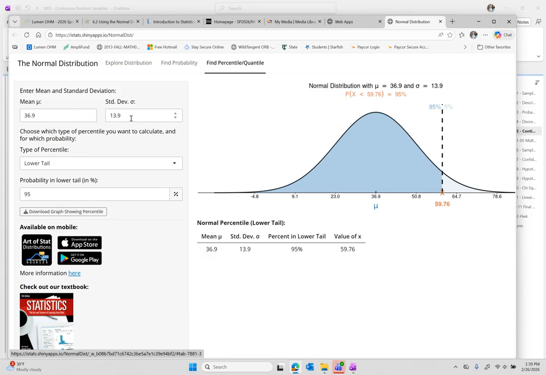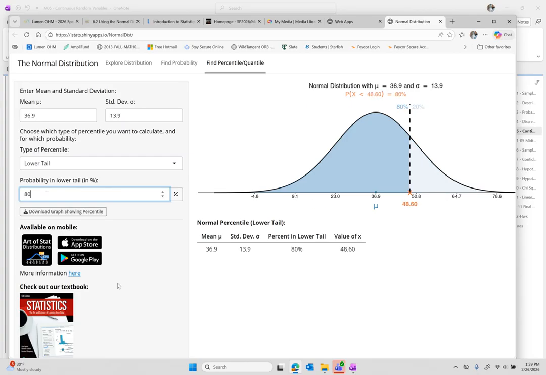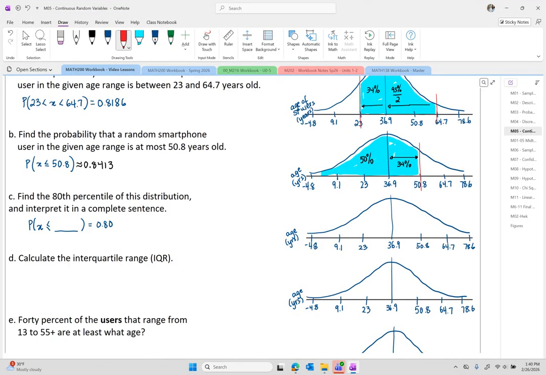I have the same mean and standard deviation. I'm looking for the lower tail and I'm looking for 80%. And 80% is at 48.60 value of x. Remember, the variable is years of age. So this value here is 48.60. X equals 48.60 years old.